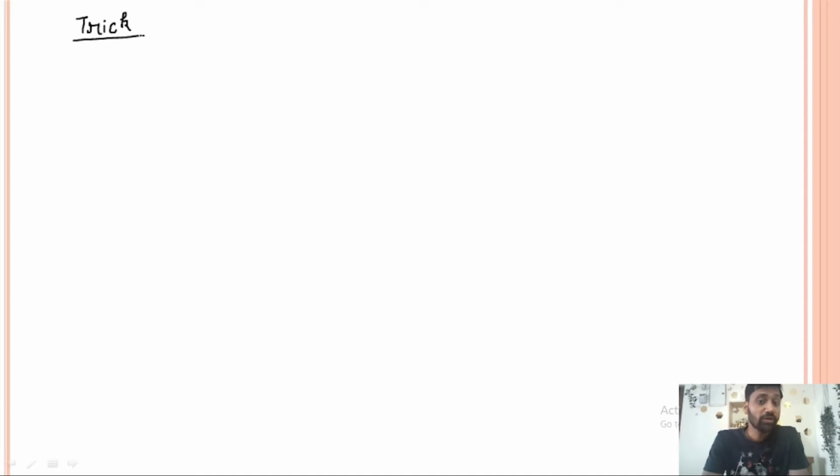For the SN1 mechanism, the tertiary carbon is most favorable. Similarly, for the SN2 mechanism, the primary carbon is most favorable. This is the main point: the secondary carbon is not favorable for any kind of nucleophilic substitution mechanism. Now I will make some cases and tell you how to form the product, keeping this point in mind, and you will be able to form the product pretty easily.